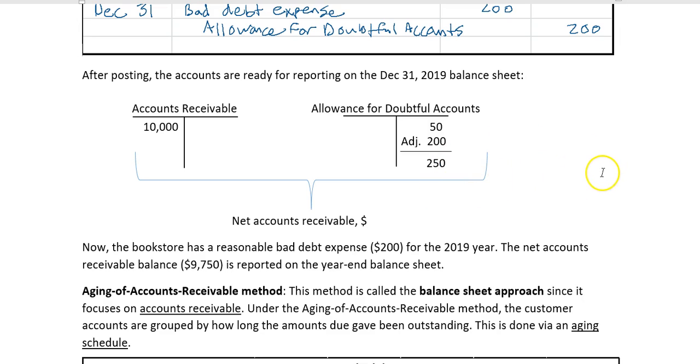So to figure out what our net AR is, we're just taking 10,000 debit minus 250 credit, and we're getting $9,750 debit balance, of course, as our net AR.